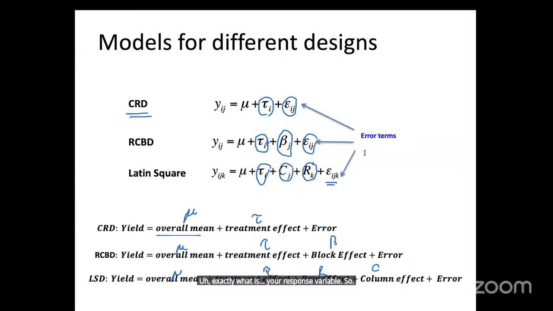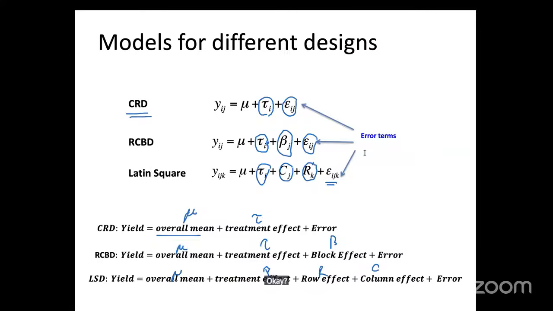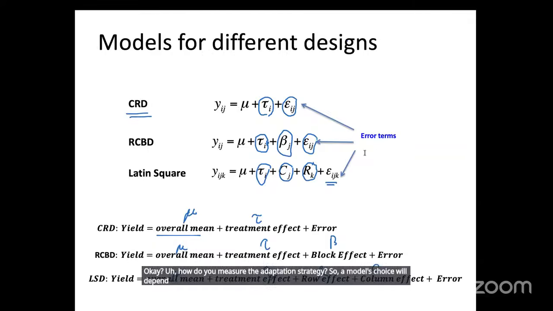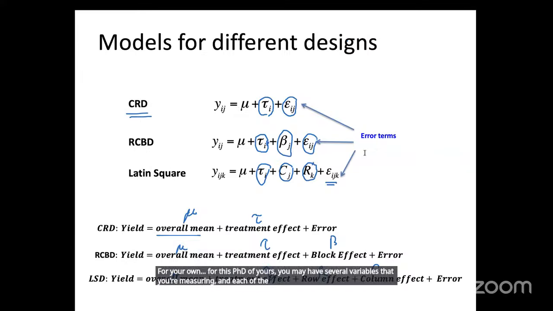If you are talking about the perception of climate change, how do you measure perception? How do you measure adaptation strategy? A model's choice will depend on the kind of objective that you want to answer. For this PhD of yours, you may have several variables that you're measuring, and each variable may have a different model. So we cannot get one particular model that can solve all your problems.